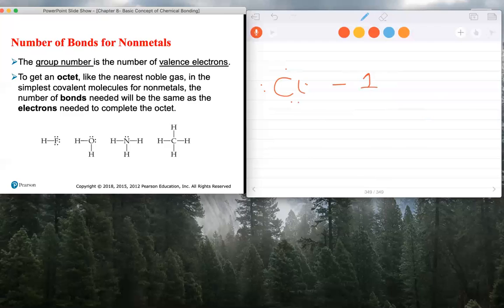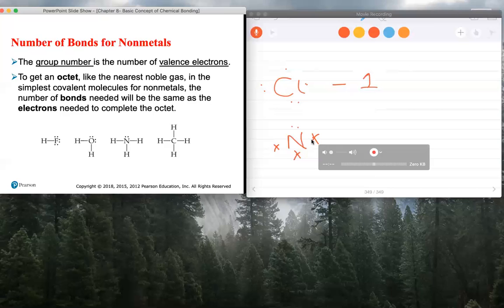If I have nitrogen, let's see, 1, 2, 3, 4, 5. It is in group 5. Here are the unpaired electrons, and we expect nitrogen to form 3 covalent bonds, corresponding to the unshared electrons.